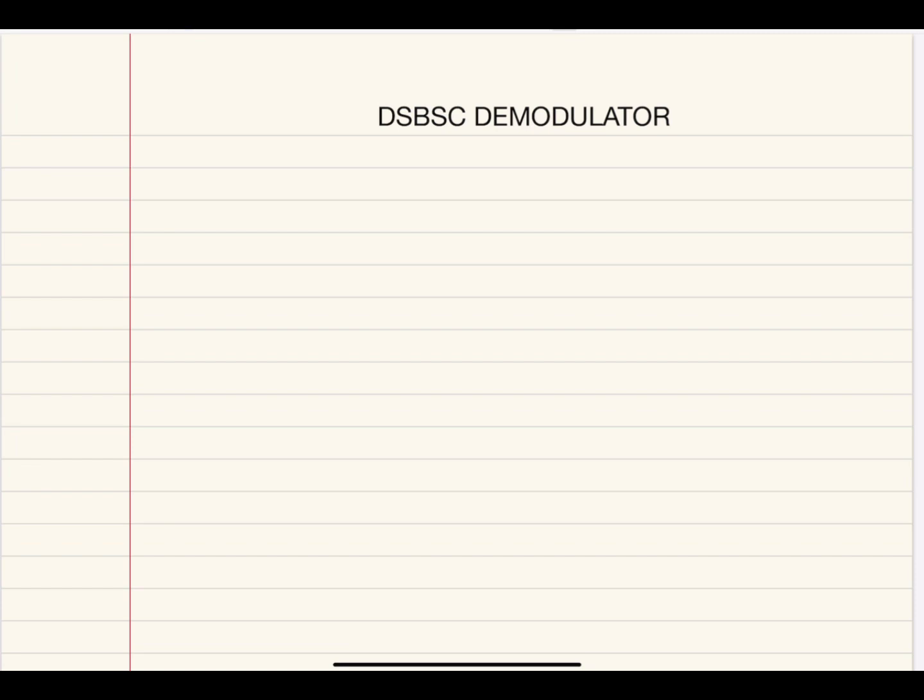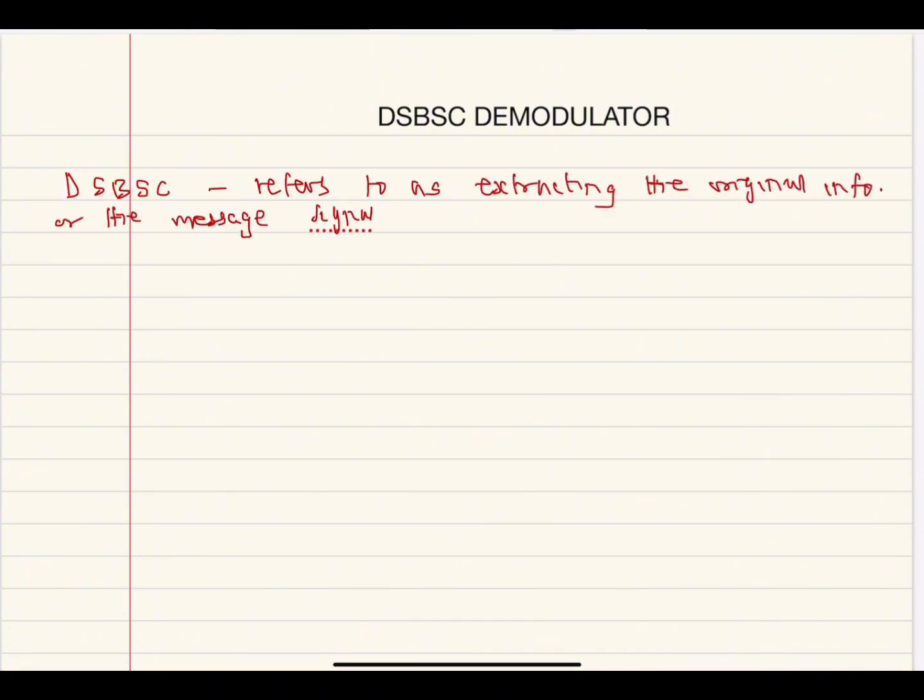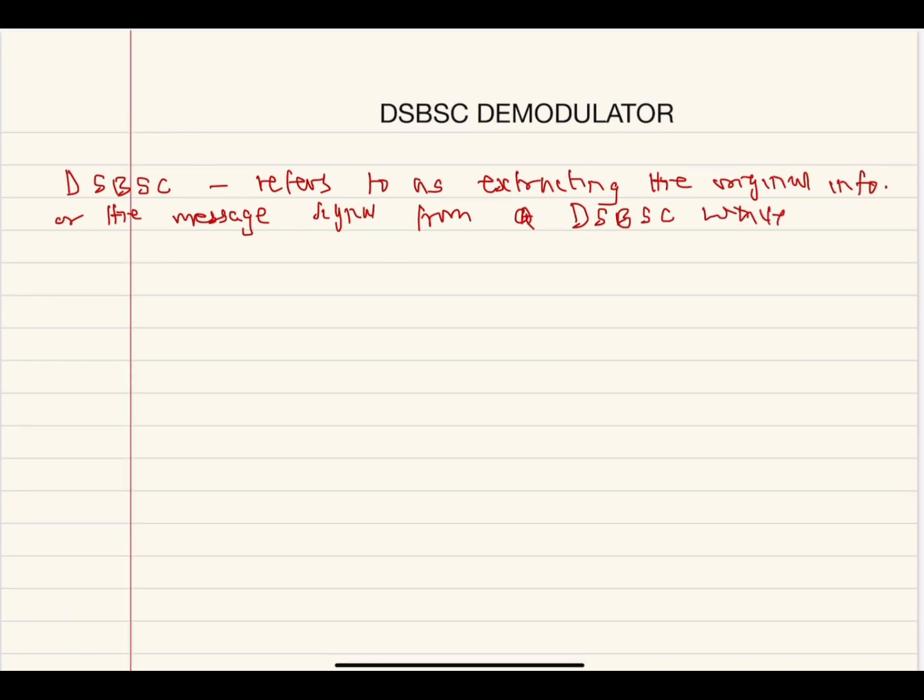DSBSC demodulation refers to extracting the message signal from a DSBSC wave. So basically, double sideband suppressed carrier demodulation is like extracting the original information, or the message signal, from the double sideband suppressed carrier wave.